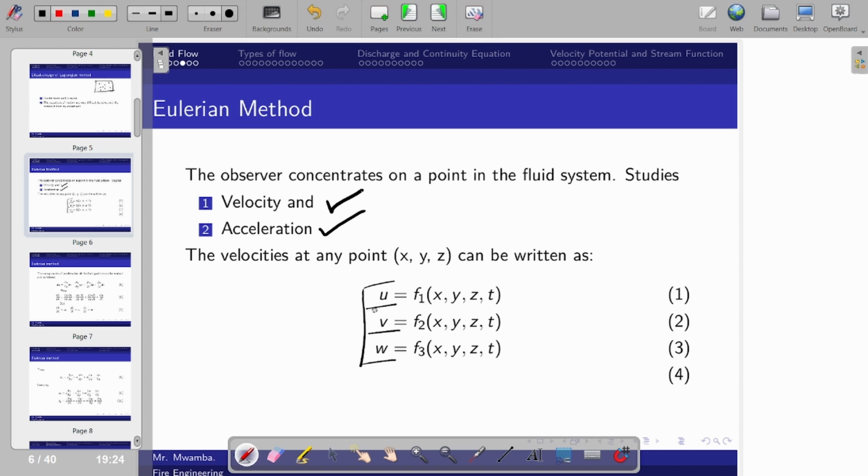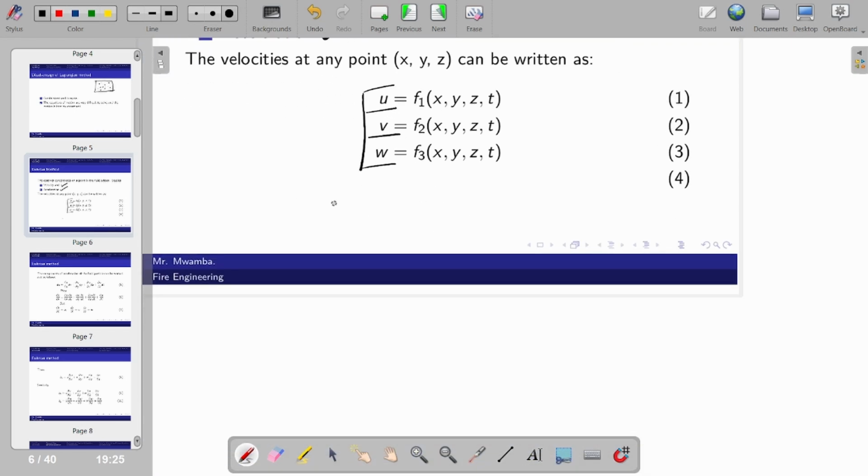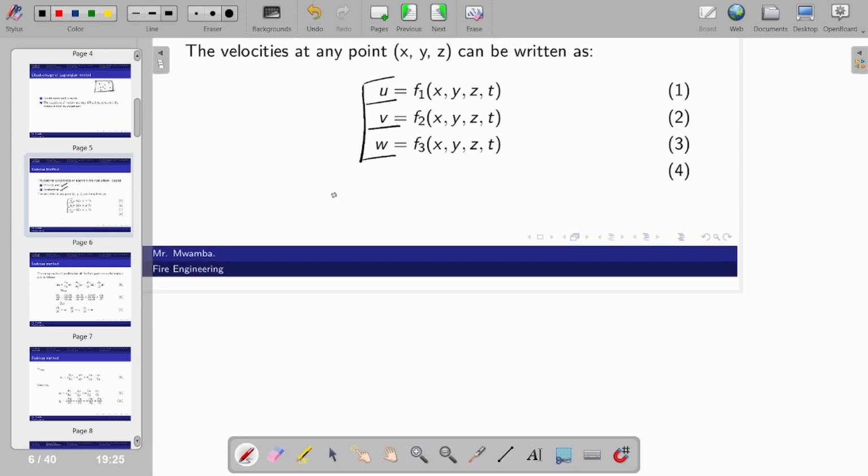Let's find the acceleration for this first velocity component here. Remember, this velocity component u is a function of x, y, z, and time.